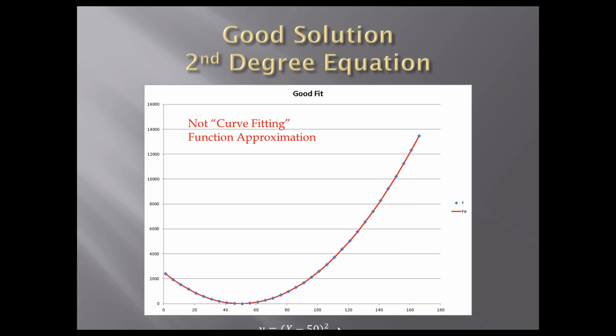That's the function that I'm trying to approximate. So this isn't curve fitting. It has actually approximated this function, and it's done very well at it. This is almost a perfect fit. This is what you're looking for. This would be called convergence in your neural network. So it has converged to an answer.